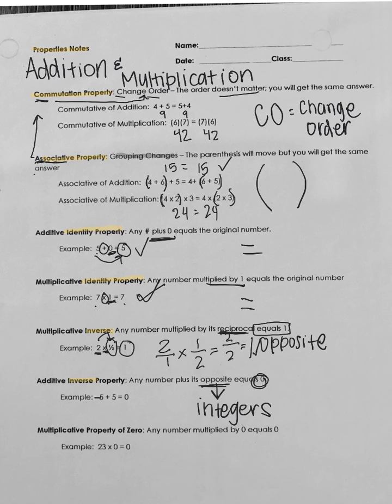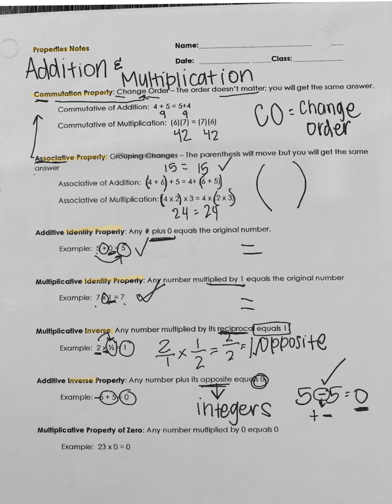So negative 5 plus 5 equals 0. Another way of thinking of it is having 5 apples, subtracting all of them to get 0. That's the same thing as the additive inverse, as long as your answer is equaling 0 when you are either adding or, technically in this case, subtracting. The subtracting sign can also be thought of as adding a negative 5.